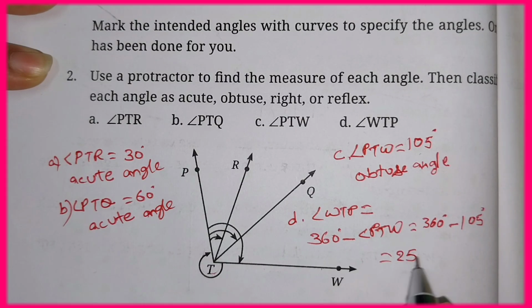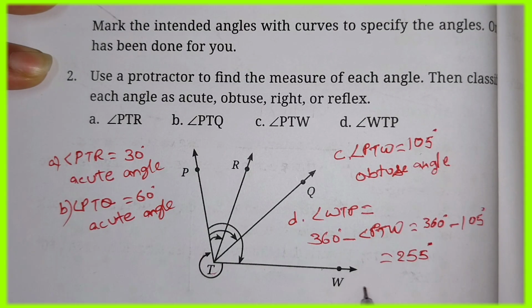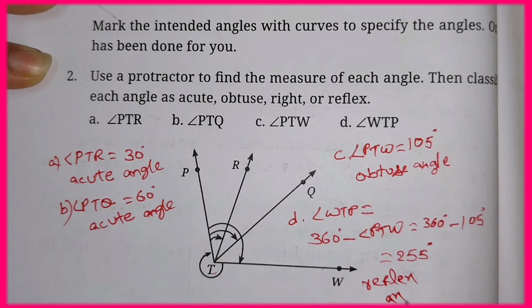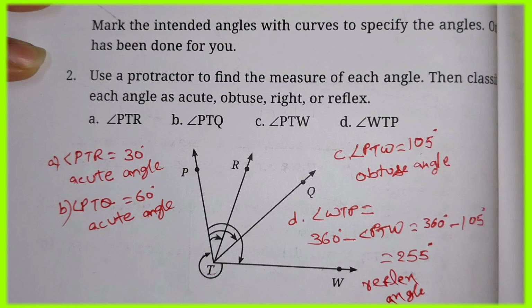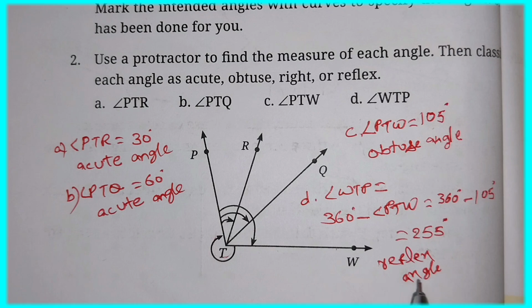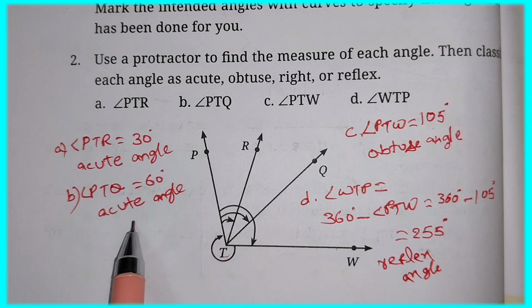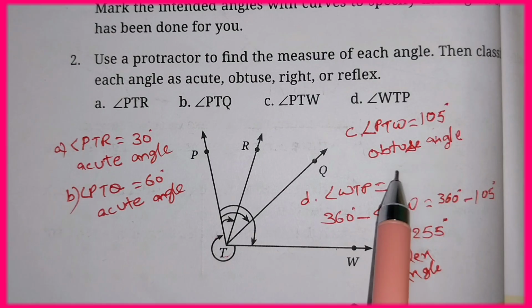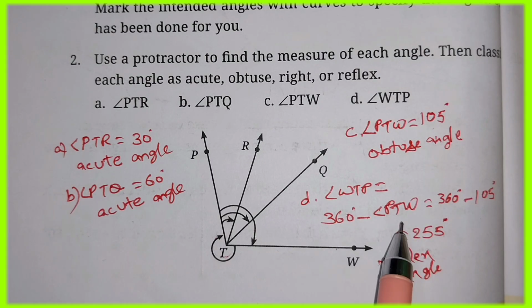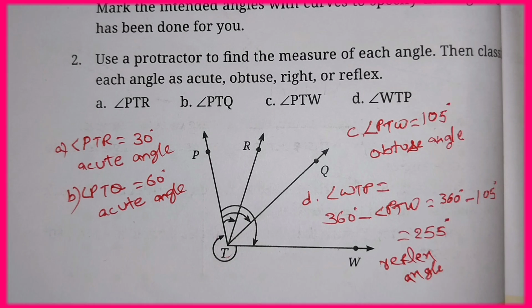So 360 degrees minus 105 degrees equals 255 degrees. 255 degrees is a reflex angle. Angle PTR equals 30 degrees, angle PTQ equals 60 degrees, acute angle, angle PTW equals 105 degrees, obtuse angle, angle WTP equals 255 degrees, reflex angle.